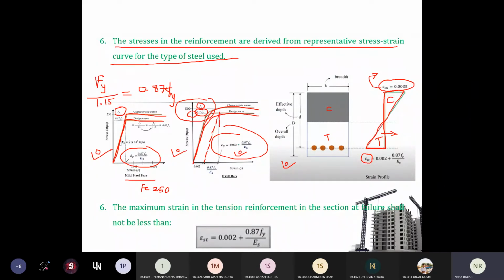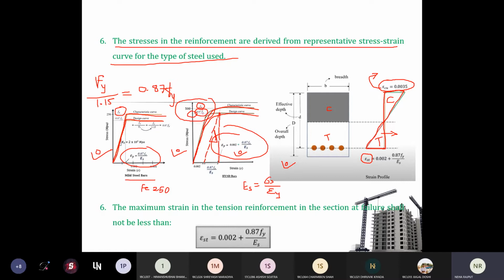Then take a vertical line over here. This will form your Young's modulus. Young's modulus is equal to stress upon strain, right.